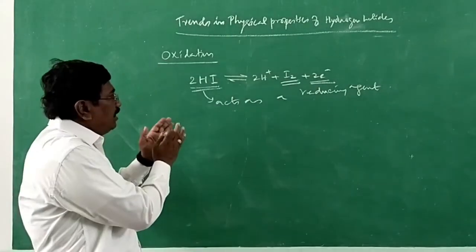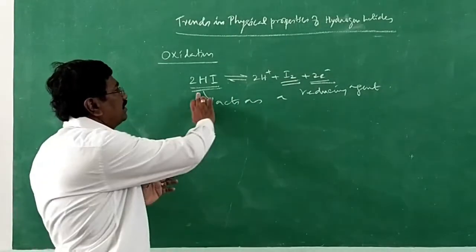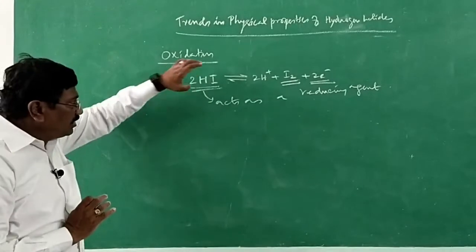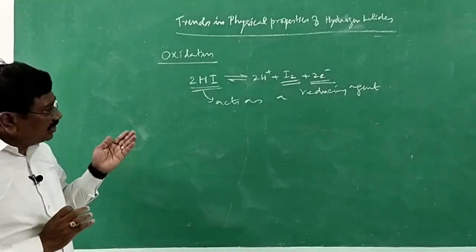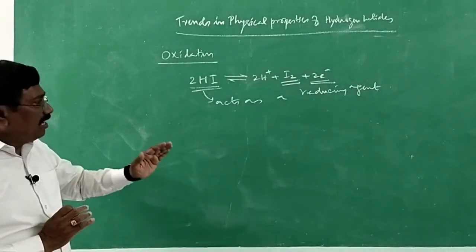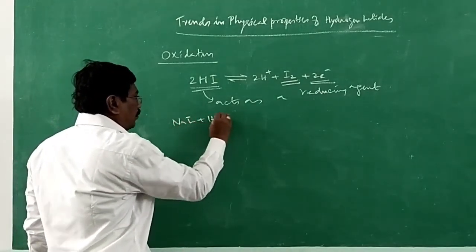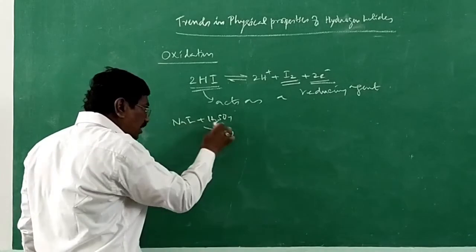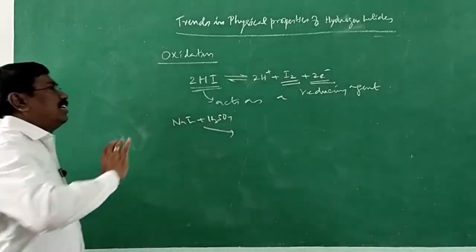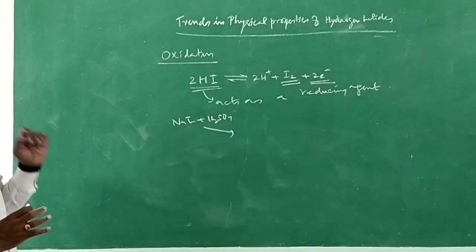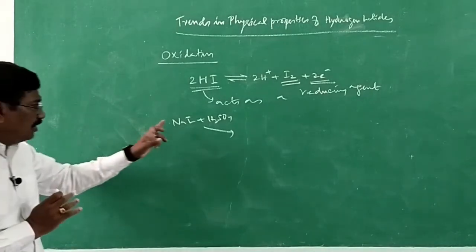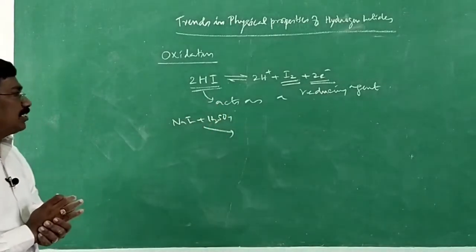Alright. HI is a very good reducing agent because it is being oxidized. Not only HI, but sodium halide along with acid, what is happening? It becomes HI, but the HI gets oxidized into iodine. Therefore, it acts as the best reducing agent. Therefore, by this method, it is not possible for us to prepare HI.